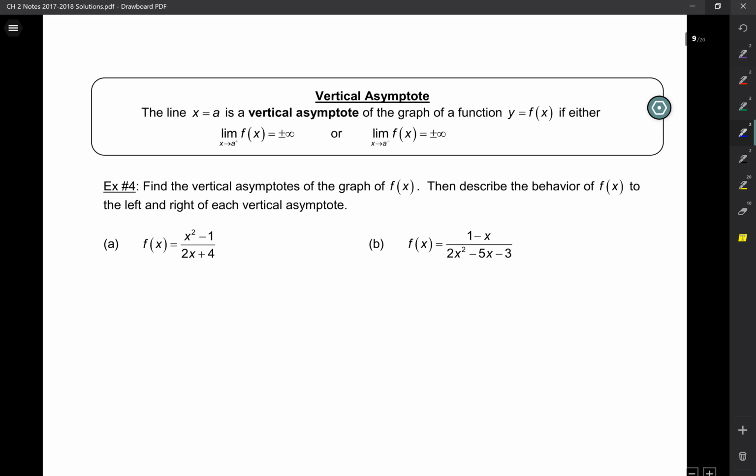All right, so let's talk about vertical asymptotes. If horizontal asymptotes are defined by y equals a number, it's x equals a number for the vertical asymptote. Now, when you have a vertical asymptote, that means as x approaches a number, the graph goes to positive infinity or negative infinity.